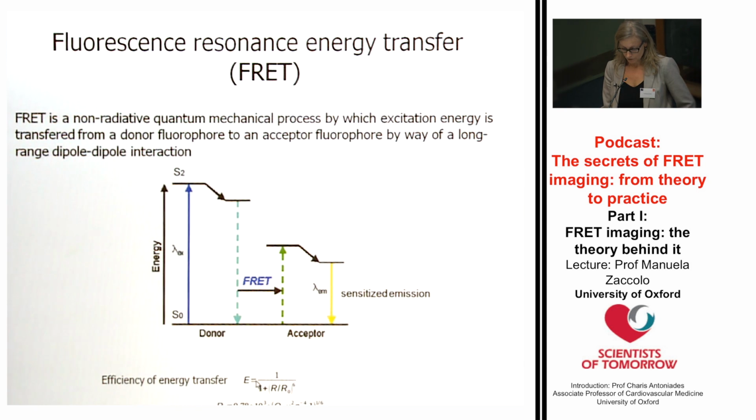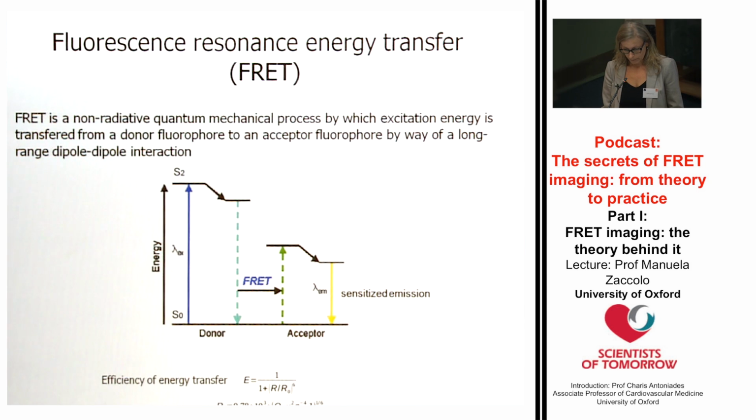The efficiency of energy transfer also depends on this parameter R0, which is the Forster's radius, which is described by this equation, which indicates that R0 depends on the quantum yield of the donor, which has to do with the ratio between photons emitted to photons absorbed.